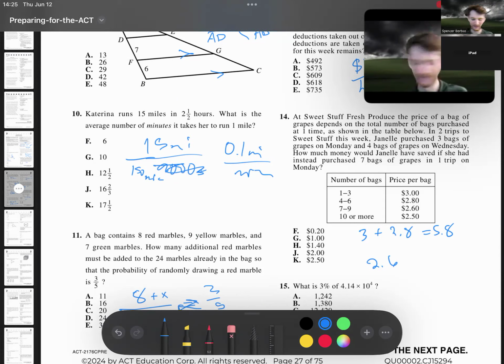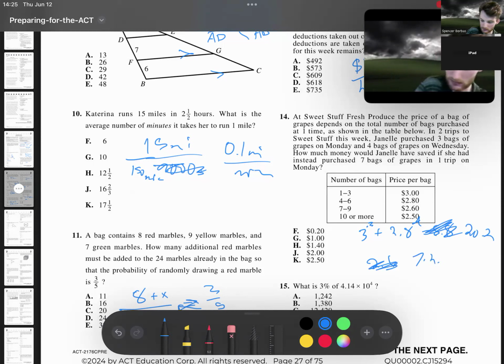So how many bags? 3 times 3 plus 2.8 times 4 equals 20.2. And she bought 7 times 2.6, which equals 18.2. It's like $2. Yeah, J.